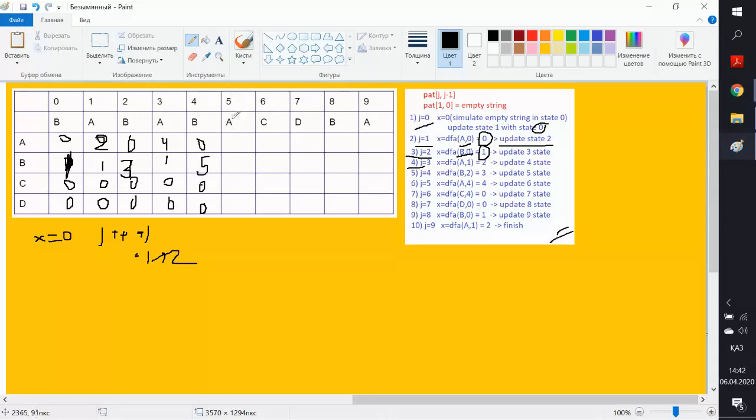Then at the state 5 we have a j over 4. J over 4 is a b, and the old value of x is equal to 2. Then we have to get b over 2. B over 2 gives us a 3. Then we know quickly that we have to get the values of the third state and copy to the 5 state.